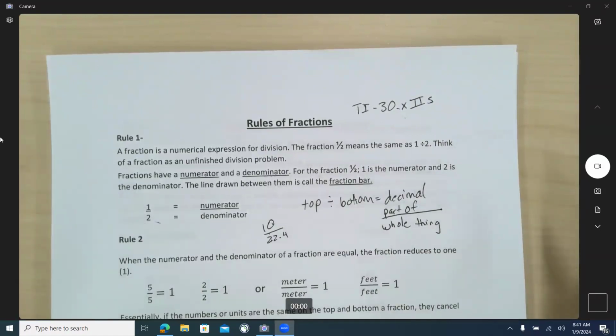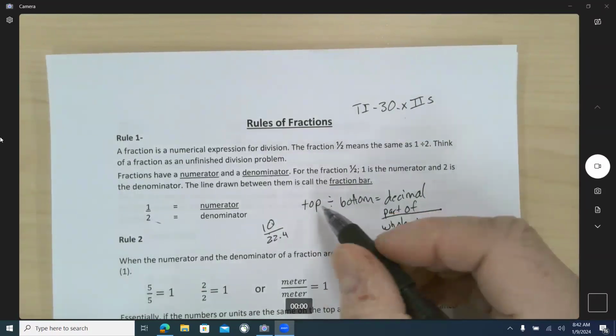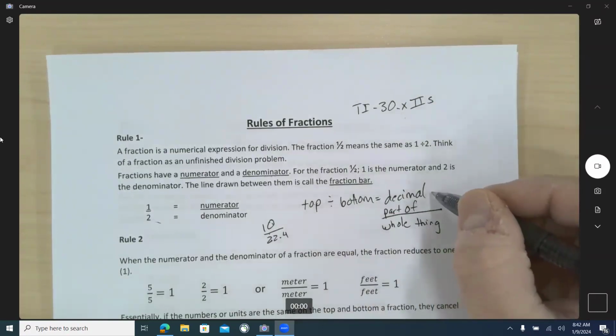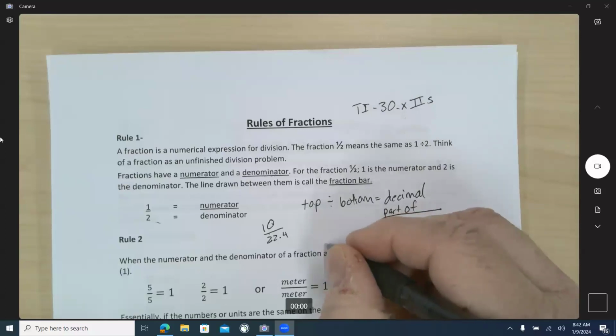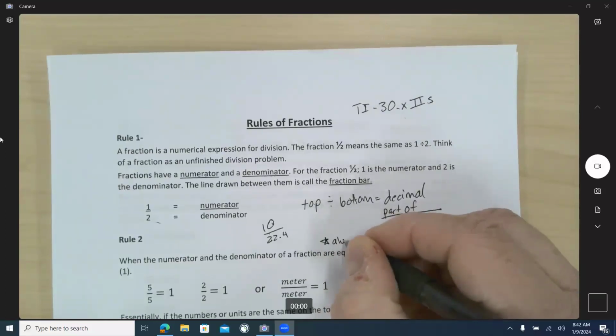Be 125 gallons. It could be the 500,000 gallon storage tank that you have in your water system or anything along those lines. But also keeping in mind that it's always the top divided by the bottom that is going to give you a decimal.